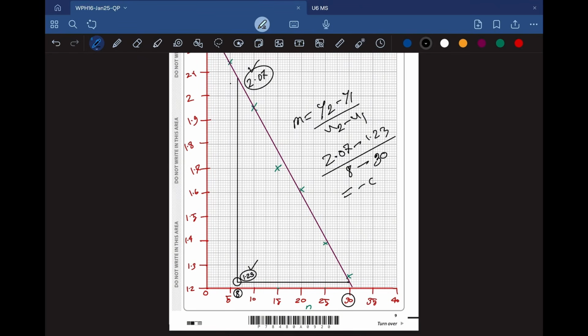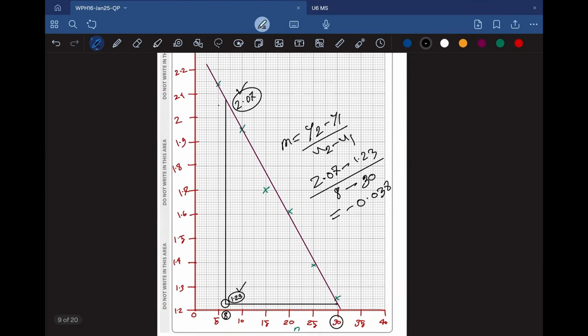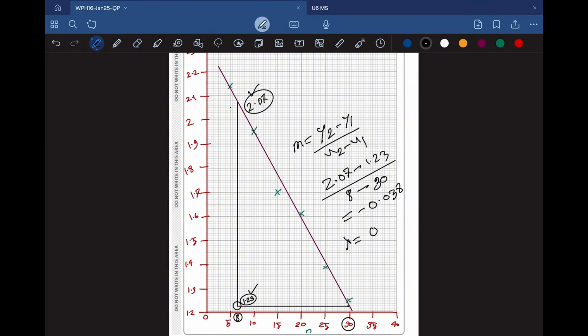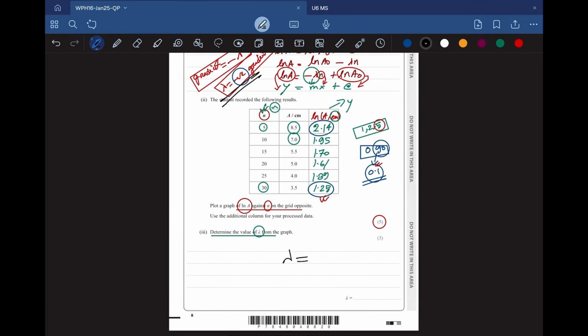We know lambda was the negative gradient, so we can say lambda is going to be equal to 0.038, and the mark scheme allows any answer from 0.035 to 0.038. So our answer is within the range, and lambda is equal to 0.038. That's how you are going to use the graph to calculate the gradient.